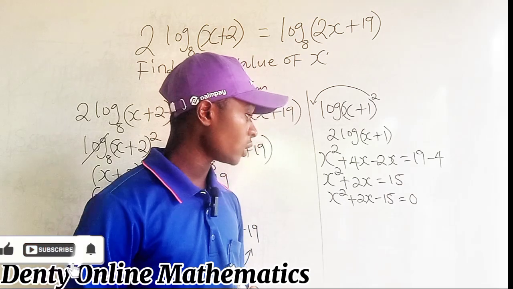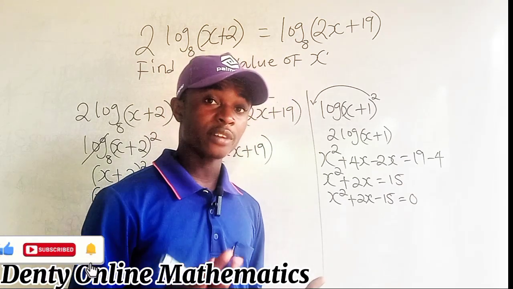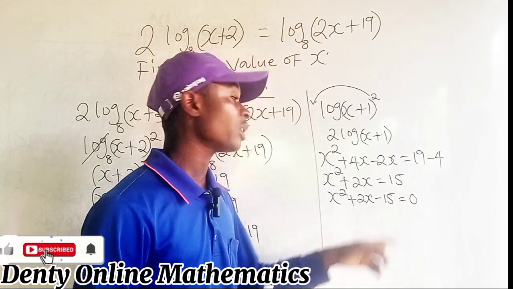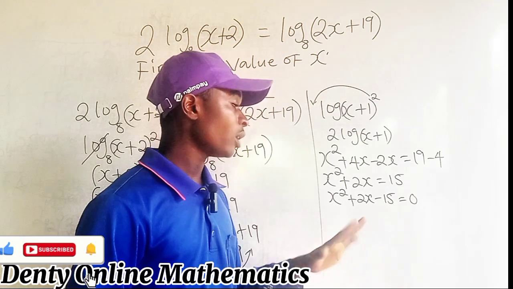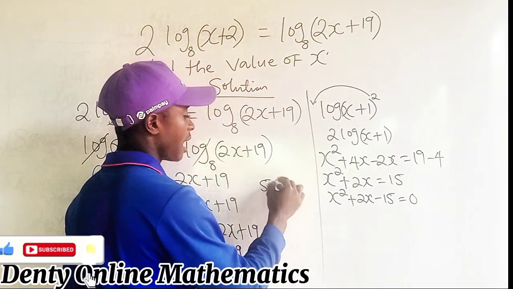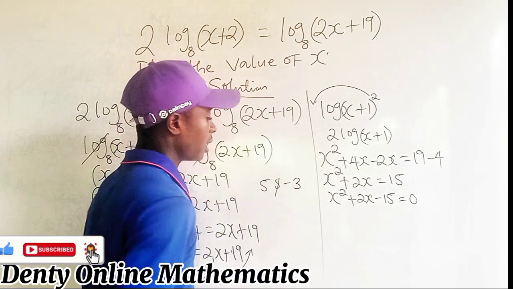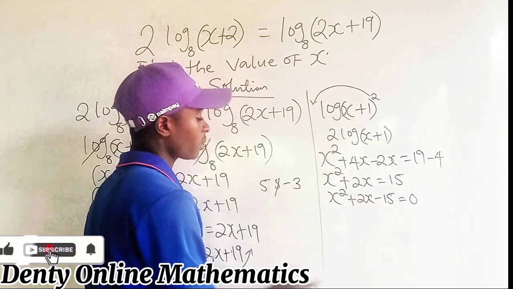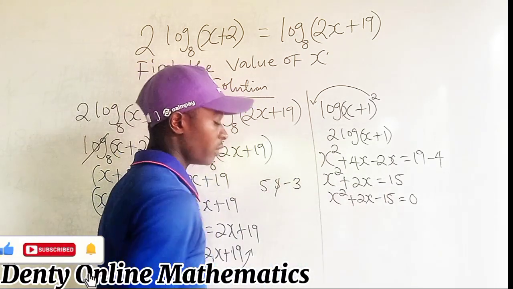What are those factors? The factors will be 5 and 3, because 5 times 3 will give us 15. It will not just be 5 and 3, it will be 5 and minus 3, because 5 minus 3 is 2, and 5 times minus 3 is minus 15.